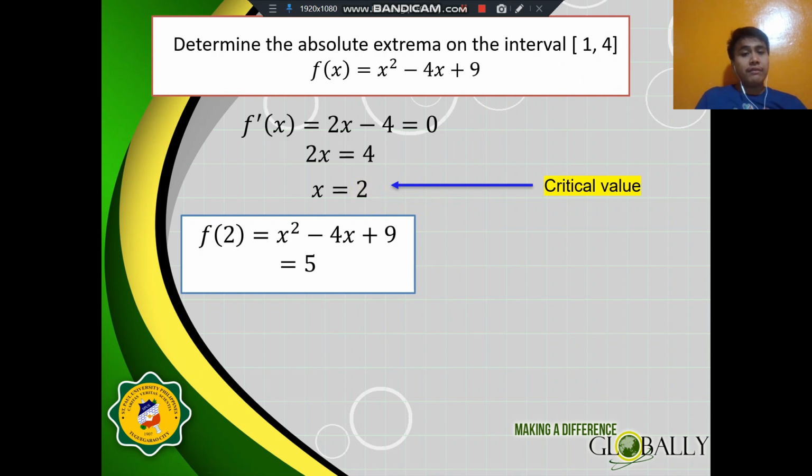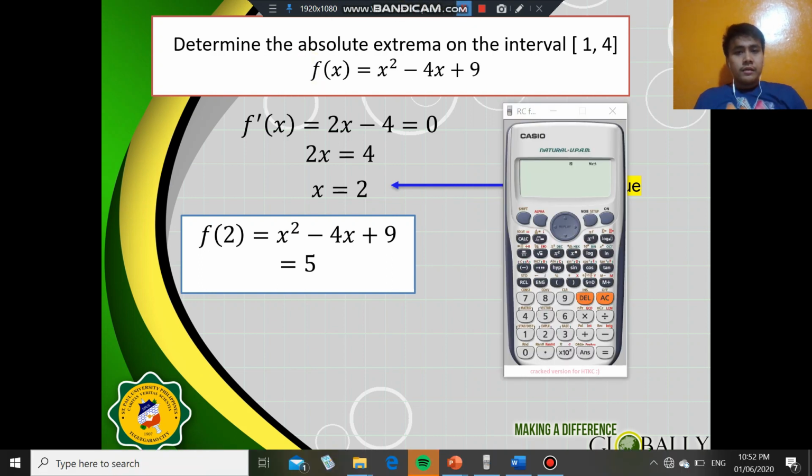So what if the value of x is 2? This will give us 5, because 2 squared minus 4 times 2 plus 9 is equal to 5. You can check this by using your calculator. While you are verifying the value, let me find it using my calculator.